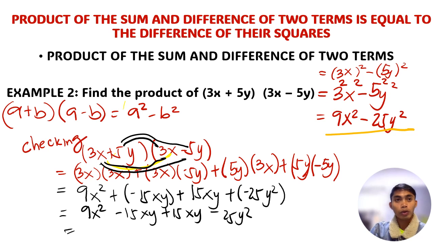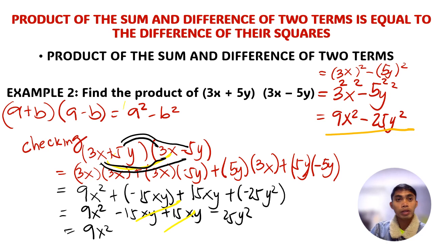So, therefore, we need to combine like terms, since 9x squared is the only term of its kind in the expression. So, simply copy the 9x squared. But the negative 15xy and the positive 15xy are like terms, so we can directly cancel out these two terms.